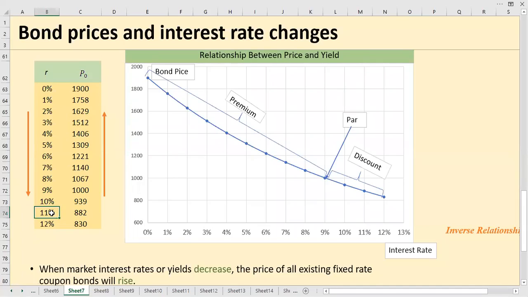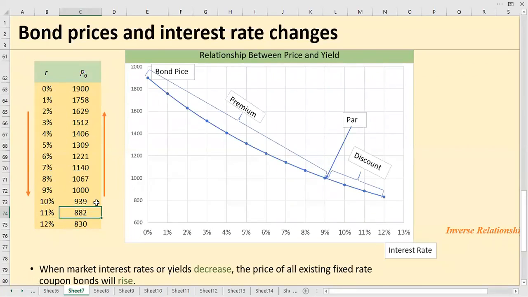So you are expecting more than what you are receiving. So at that point, your price tends to go down below the face value of the bond. So at this point, probably you are selling the bond at 882 rupees.